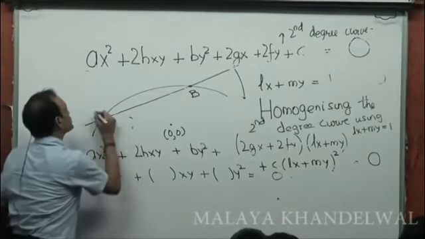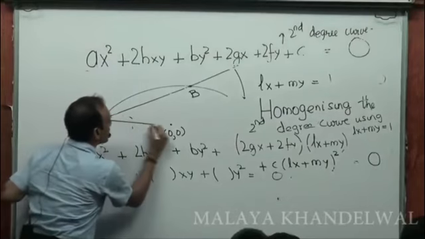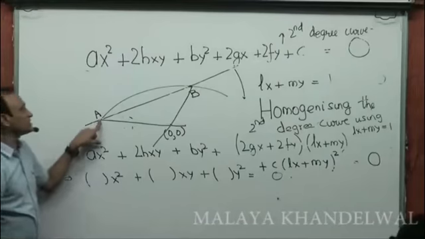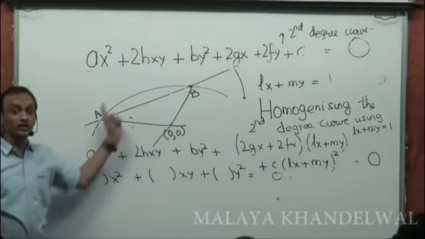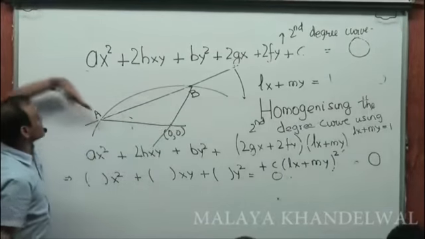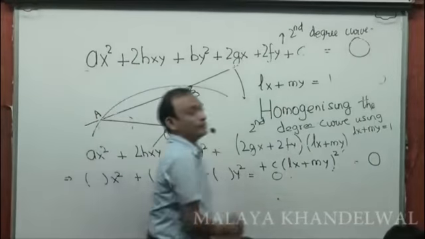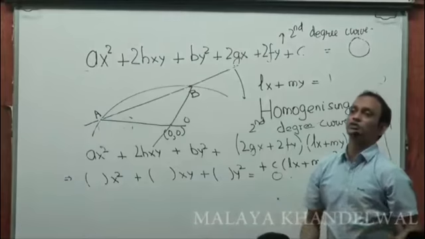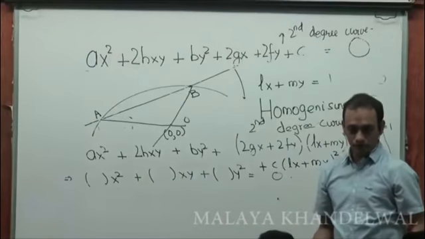Suppose this is A, it represents the lines AO and BO. It represents a pair of straight lines passing through the origin as well as A and B. It's the combined equation of AO and BO.